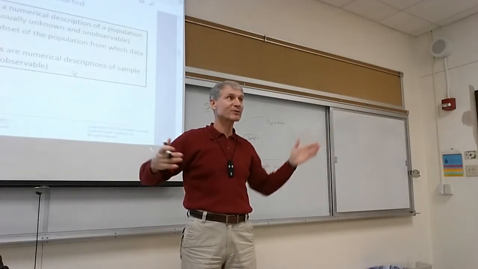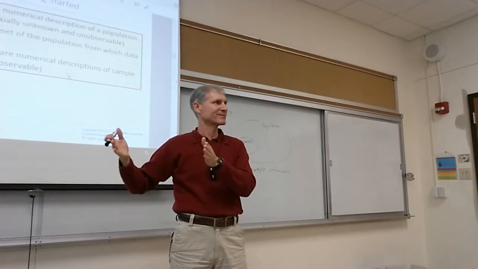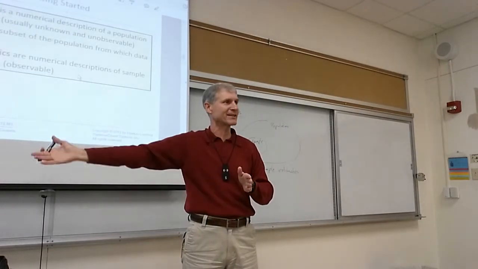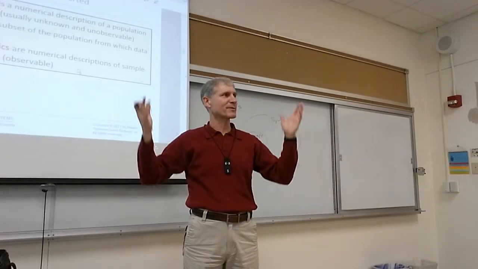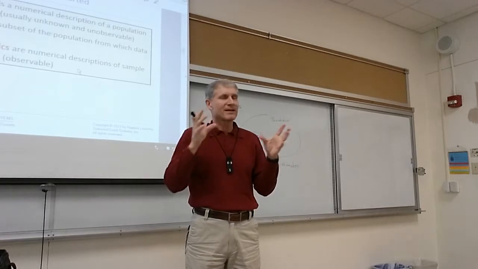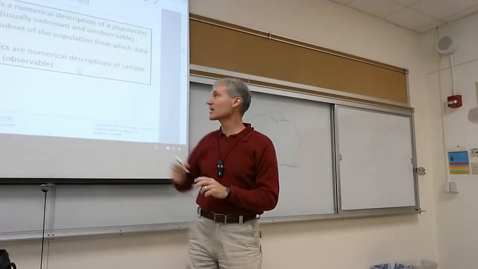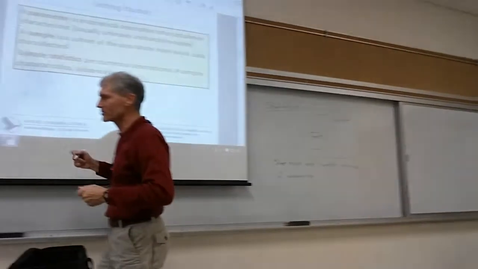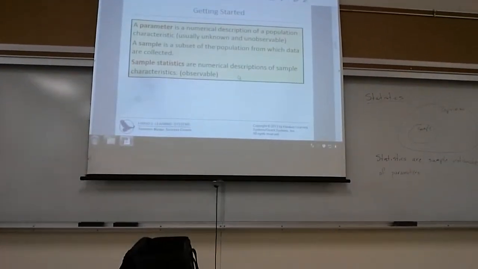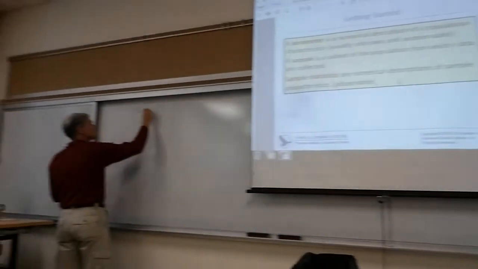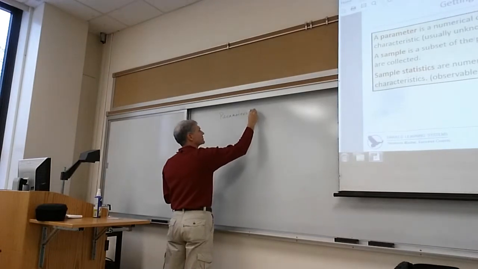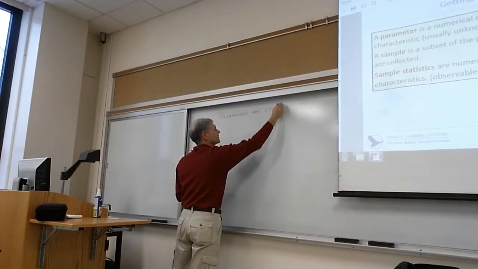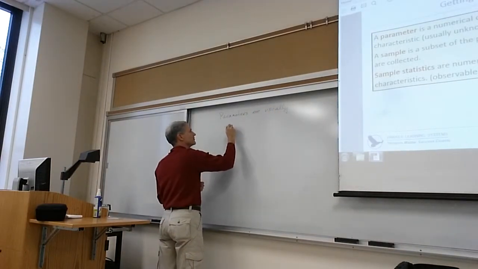And then somebody else is going to age into that group, right? Somebody's going to have their birthday before I get done, and now they're 18 or whatever my cutoff is. So it's impossible. So we say a lot of times that parameters are usually unobservable.